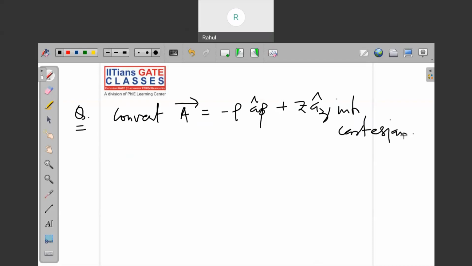What you can do here is Ax equal to rho sin phi.